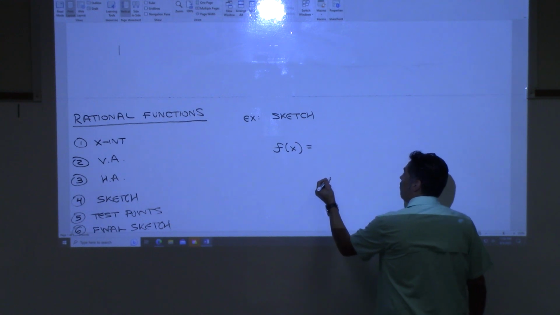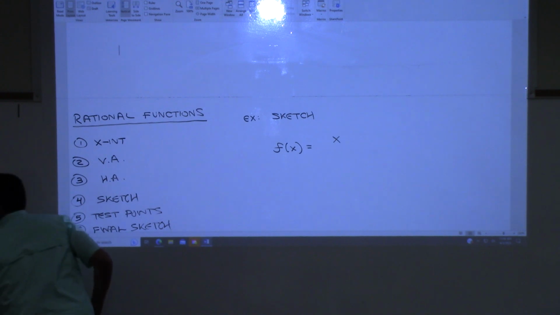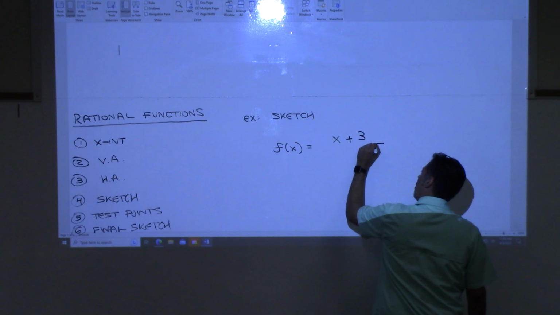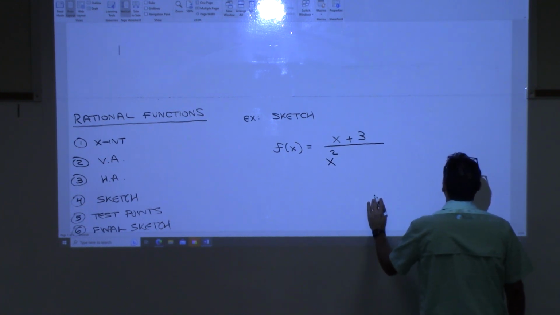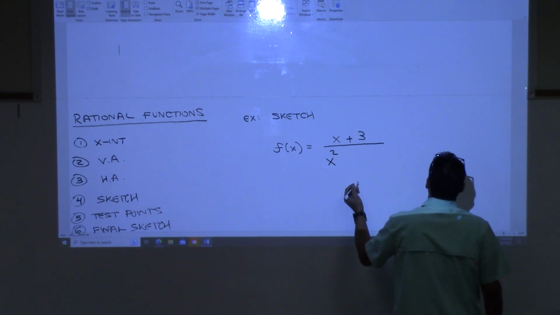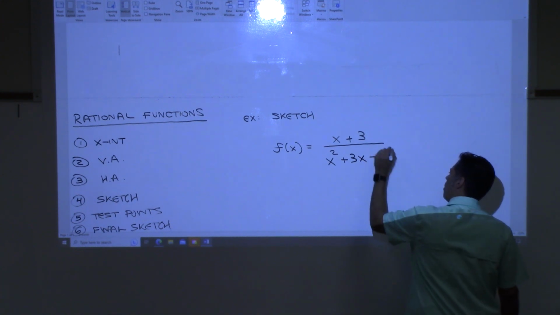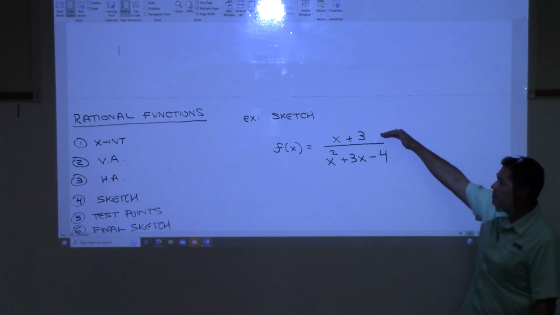All right, let's start with x plus 3 over x squared plus 3x minus 4. There we go. So this is a rational function. It is a polynomial divided by a polynomial.